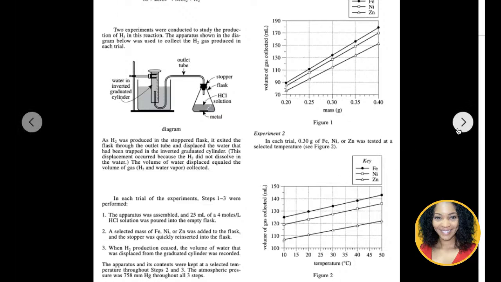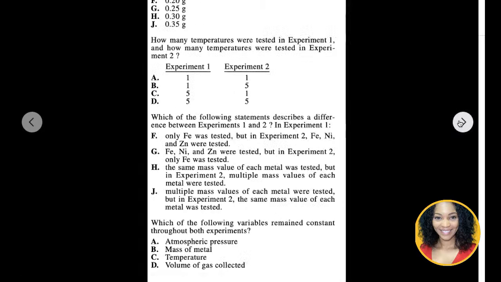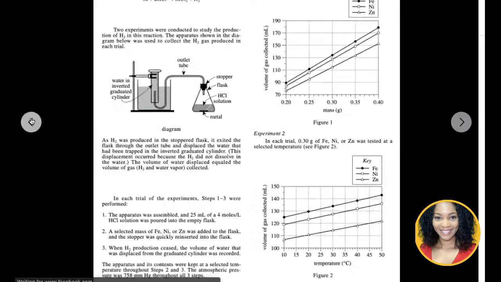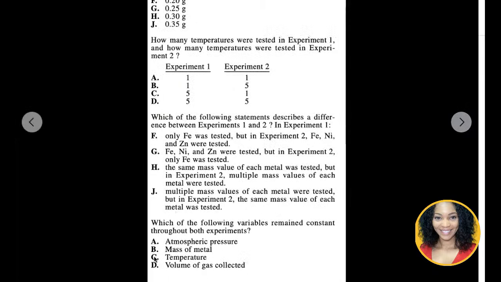Anywho, we're checking to see if the volume of the gas collected remained constant. So when we look down in experiment 2, we can see that the volume is changing. So that's not remaining constant. I don't have to check experiment 1 because once again, it said constant across both experiments. And since it didn't work for one of them, it gets kicked out.